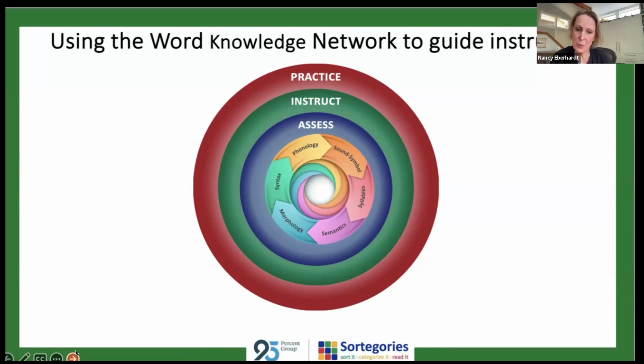And then in terms of practice, this is a place where we have, I think, the potential to make some of our greatest differentiation in terms of how much practice and on what things we provide that practice for different student needs. And whether that's individual students or groups.